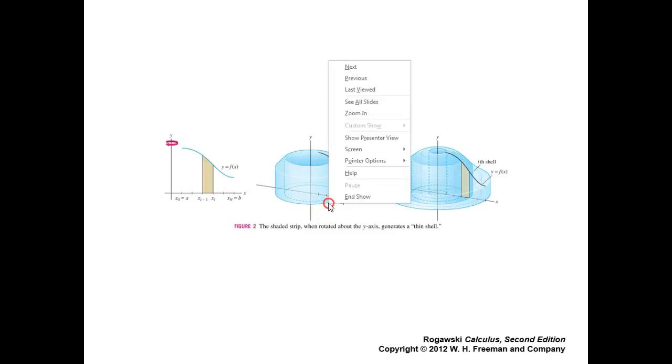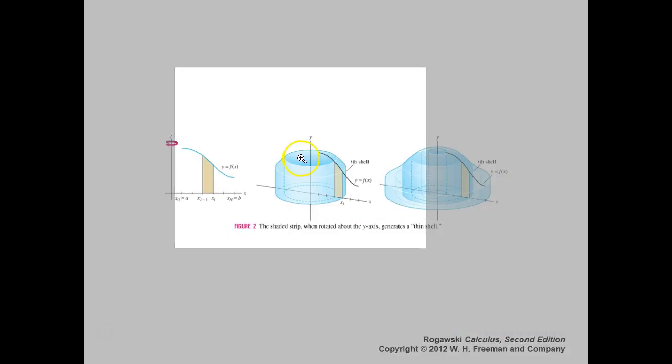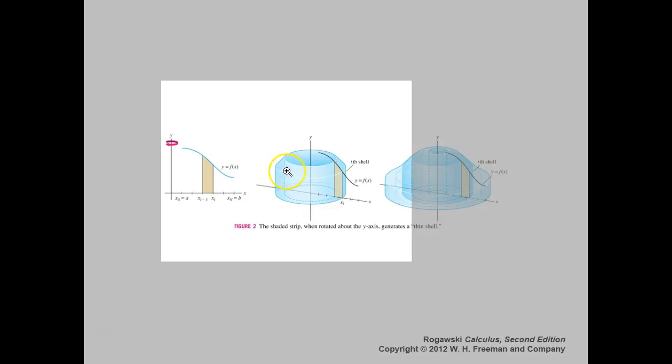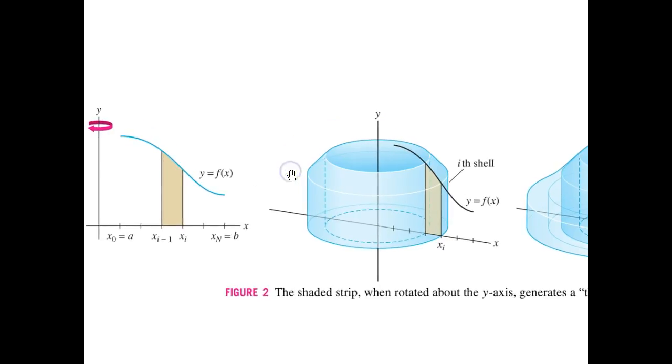Now here's why they do these. Let's say that we have a curve here, y is equal to f of x. We're going to rotate this around the y-axis.